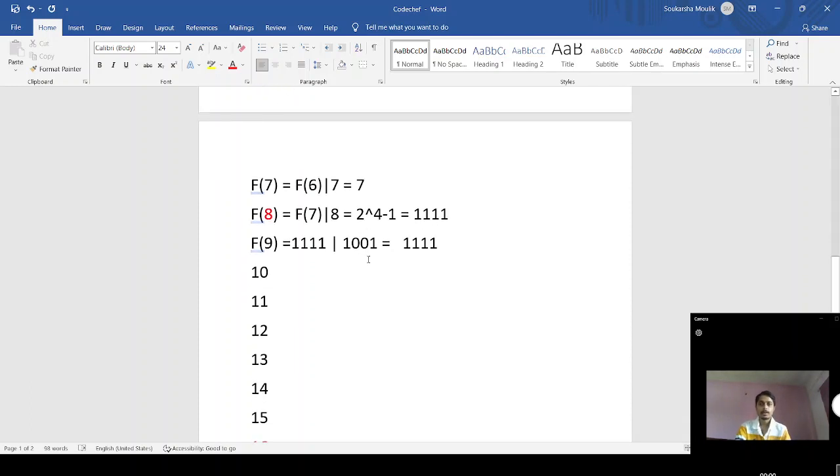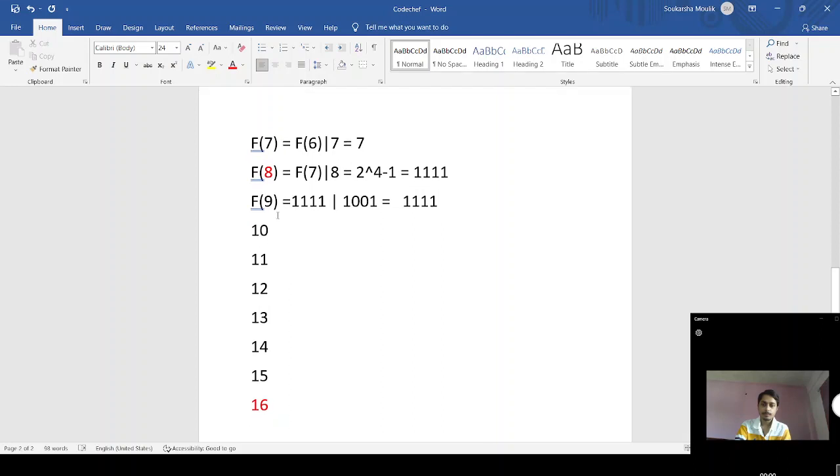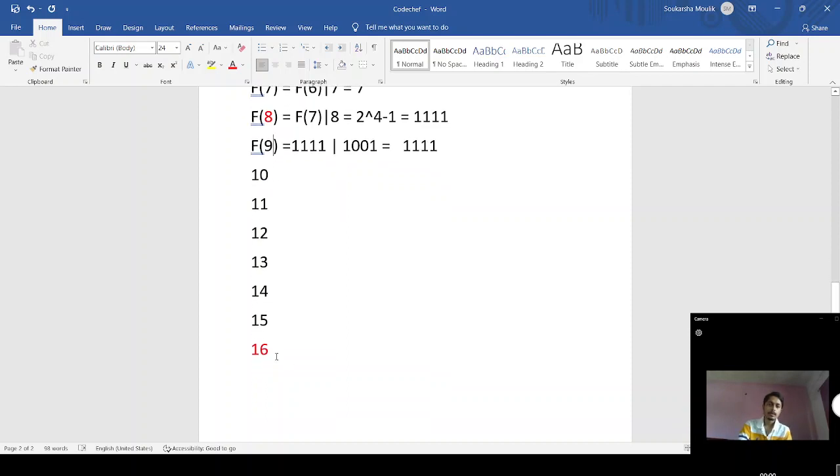That is, f of i is equal to f of i minus 1 holds for 5, 6, 7. Similarly for 9, 10, 11, 12, 13, 14, 15, this will hold. And again at 16 the result changes.